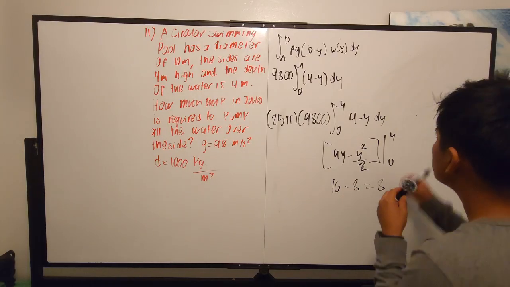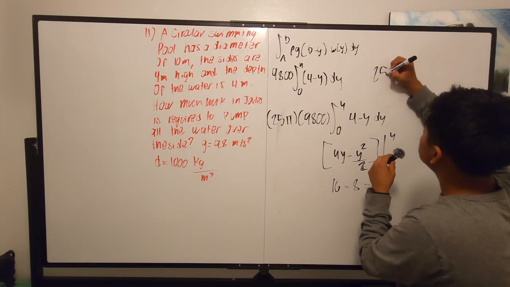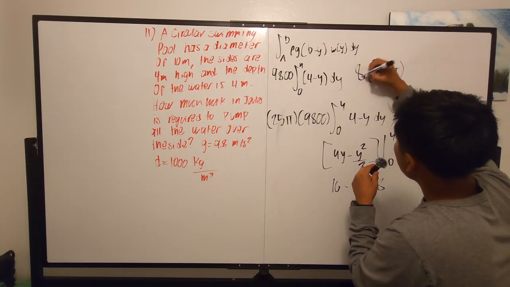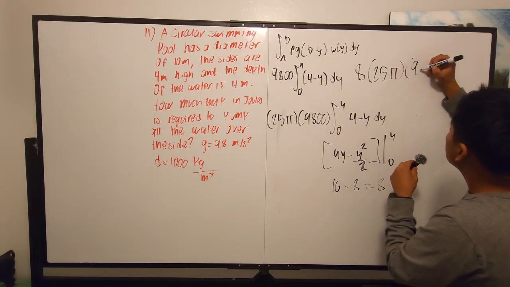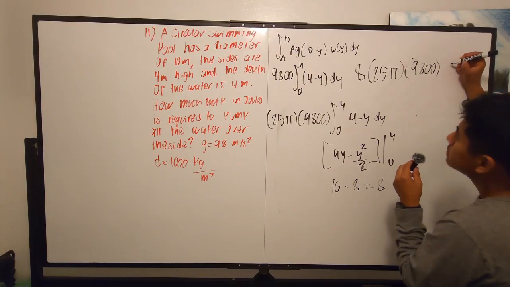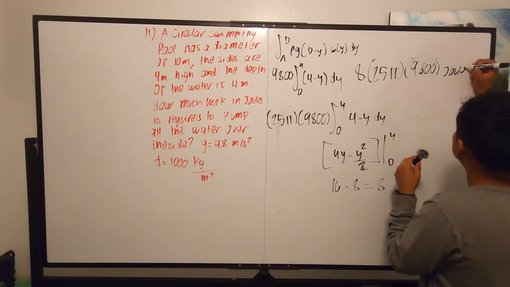So our big number is going to be 25 pi times 8 times 9,800 joules.